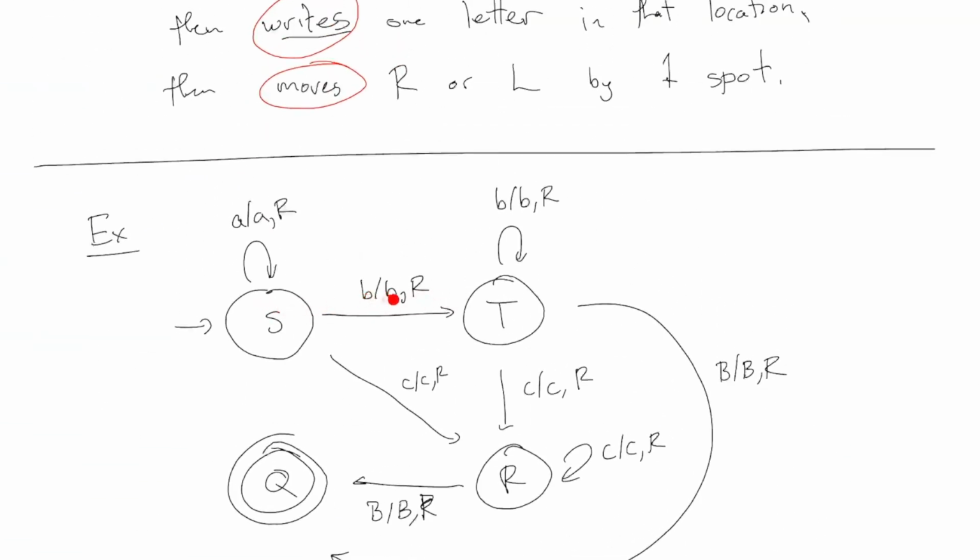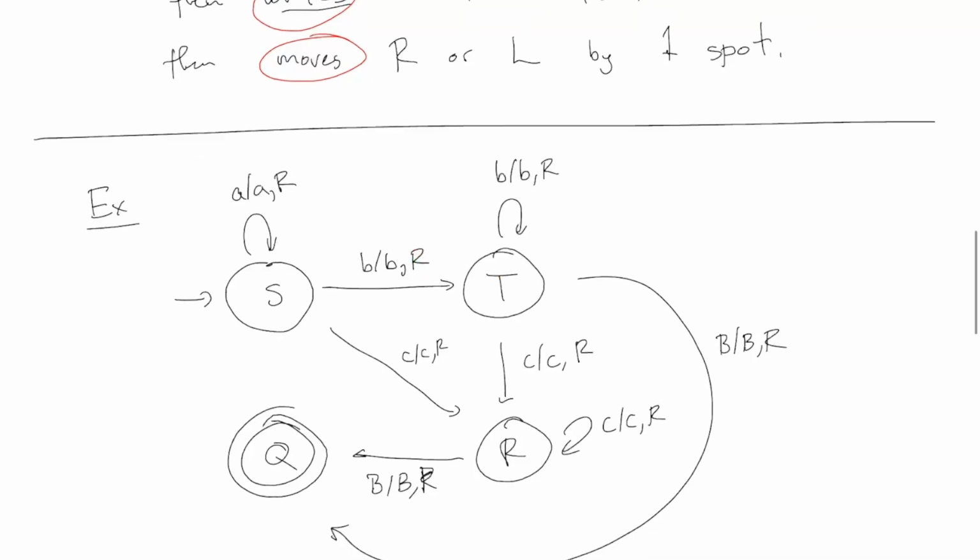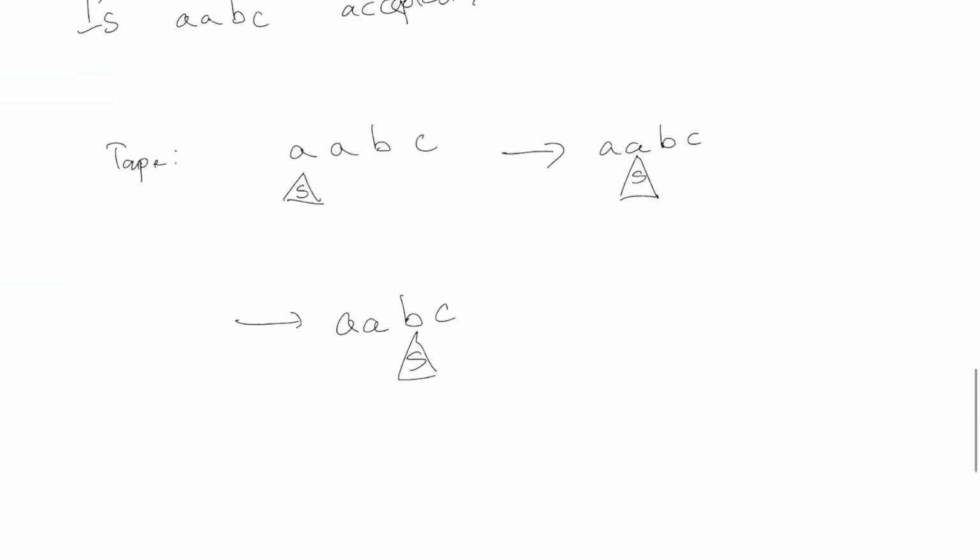And so the B will stay like it is. It will move to the right and now be in state T. So it now says A, B, C. There. The head moved to the right by one position and changed to state T.